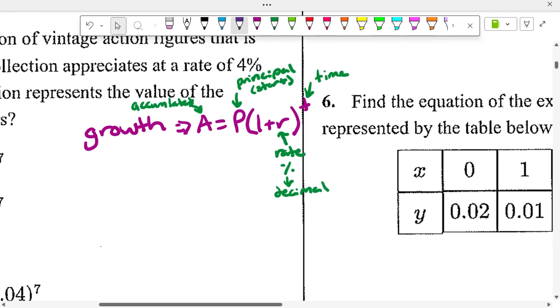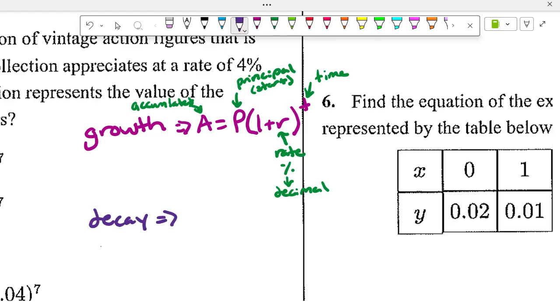Now, decay is pretty much the exact same formula, except you switch out that plus with a minus. So it would be A is equal to P times 1 minus R to the T power. And all the variables mean the exact same thing. Now, deciding on whether you use the growth or decay formula just depends on what the problem states.